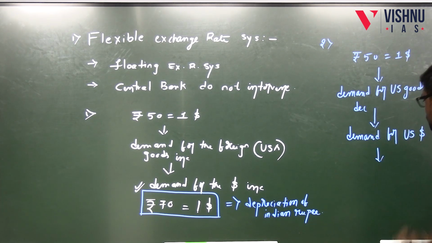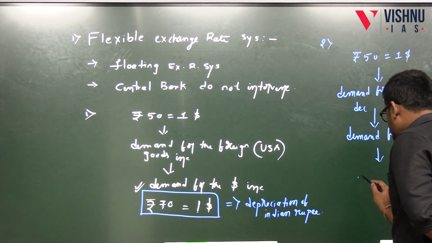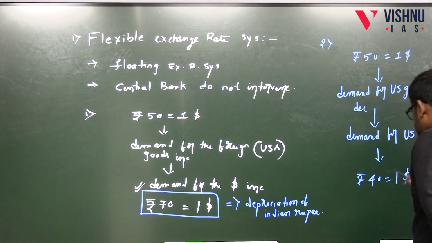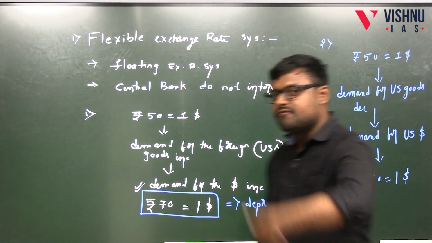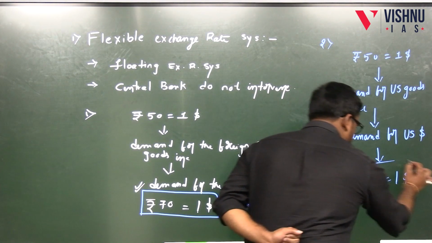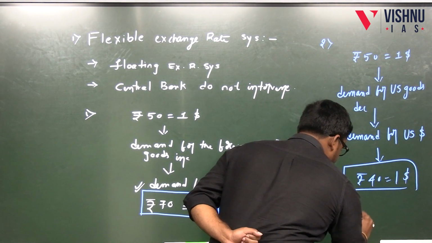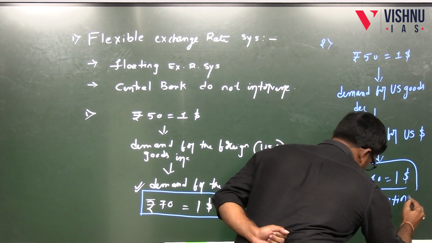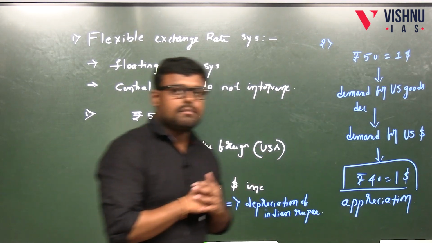So when the demand for US dollars decreases, this 50 rupees equal to $1 may now become 40 rupees equal to $1, because the demand for the dollars decreases, right? Okay, so this is called appreciation of Indian rupee, or appreciation of the domestic currency.